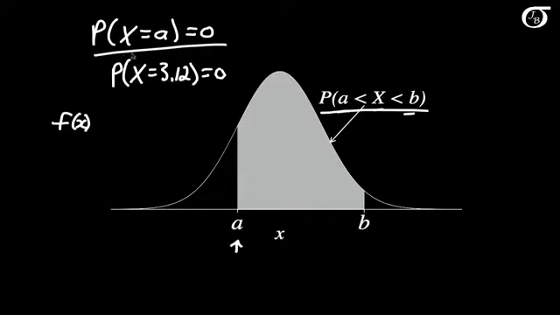One implication of what we just talked about here is that this probability would be the same as saying the probability that the random variable x is greater than or equal to a and less than or equal to b. We can switch less than or equal to with less than. It doesn't matter because the probability the random variable x is exactly equal to one specific value is 0.